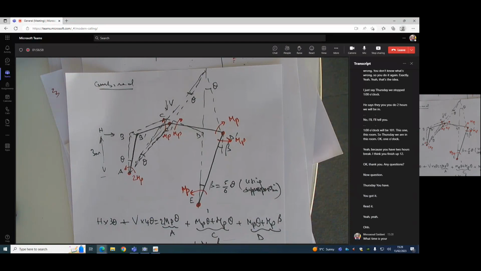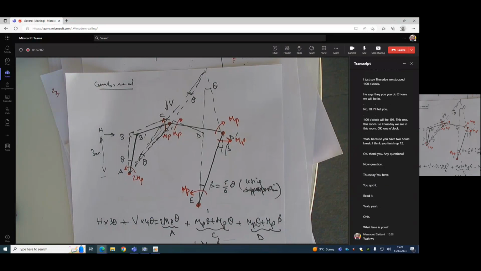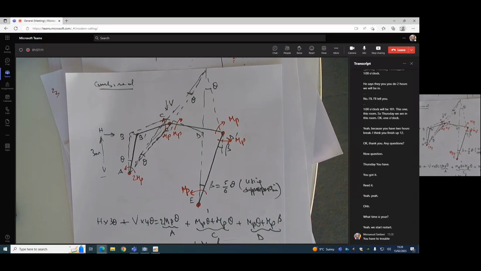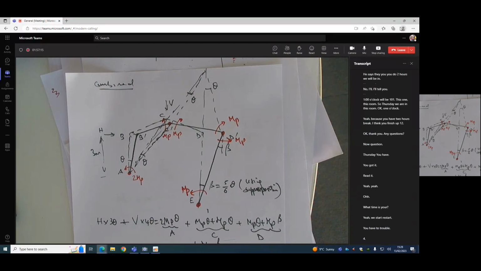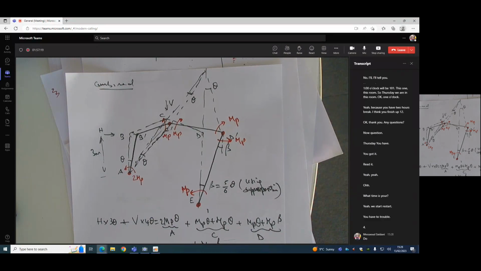What time is yours? Yeah, we start at 1 o'clock. Should be fine. You have to travel. Is it far? CD4. Where's CD4? Okay.